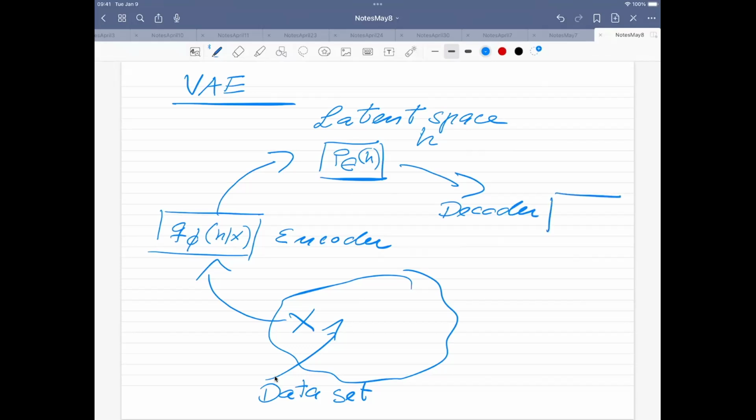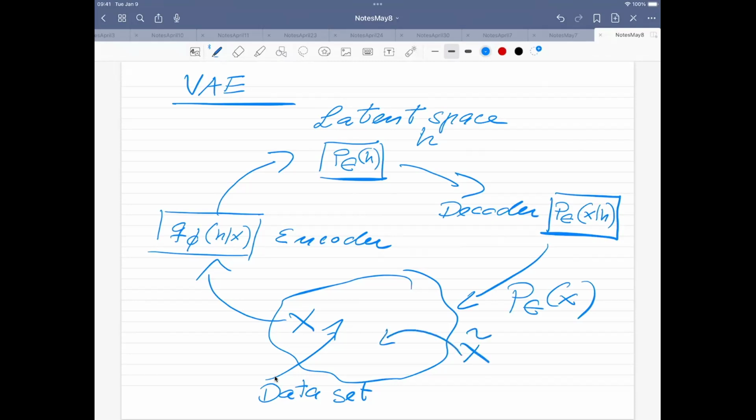And we produce then a new probability distribution, which is a P of theta, where we now have X given H. And from that one, we produce then P of theta of X, where P of theta has now integrated away the variables H. And this one produces then the variables X tilde, which we're going to plug in here, which are then generated according to this probability P of theta of X. So P theta of X is the probability we want to optimize.